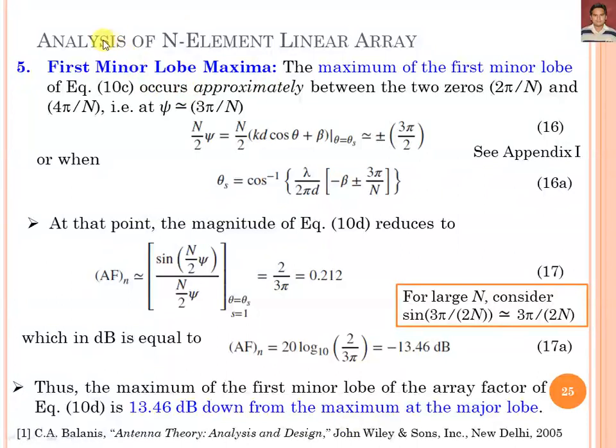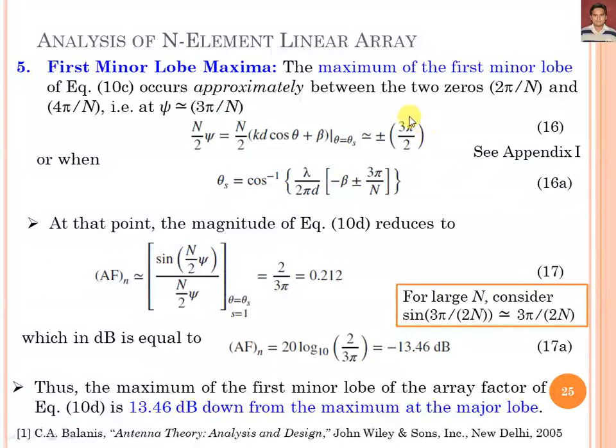The fifth parameter is the first minor lobe maxima. This is an important parameter in the case of the n element linear array. The maxima of the first lobe of equation 10c can be calculated using appendix I, and the value of n psi by 2 at theta equal to theta s is approximately 3 pi by 2.